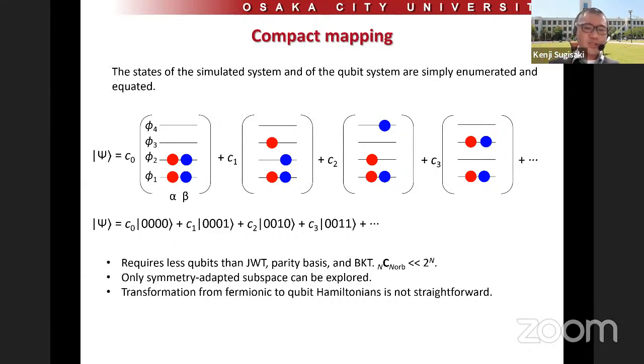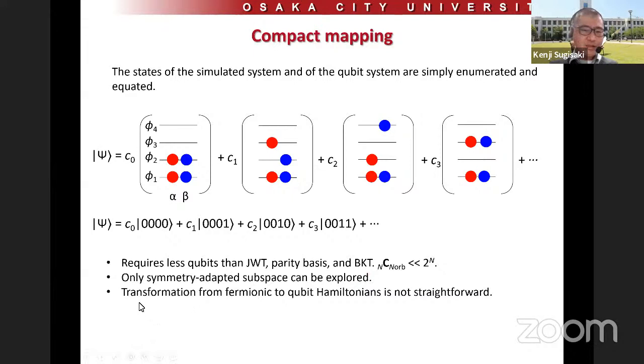So it corresponds to ionization. I mean, if the quantum state changes from 0 to 1, it means the addition of one electron, and if the quantum state changes from 1 to 0, it corresponds to the ionization of the quantum state. But if we use the compact mapping, only the symmetry adapted subspace can be explored.